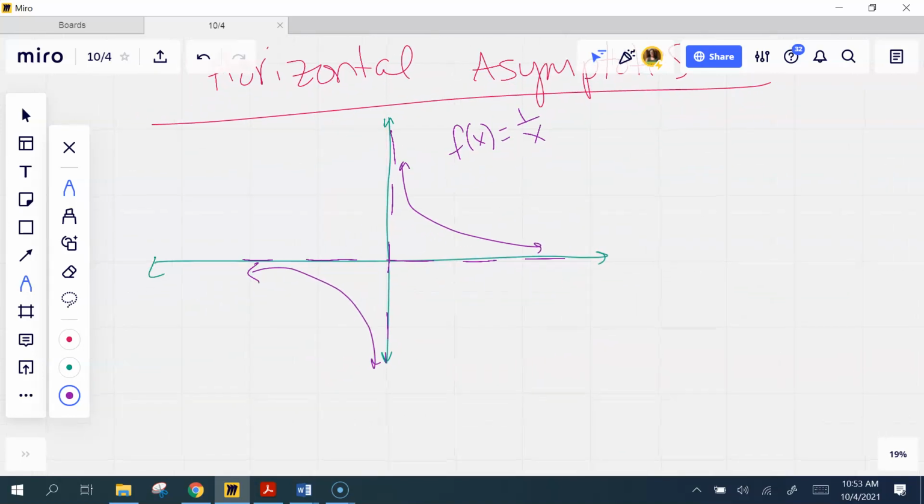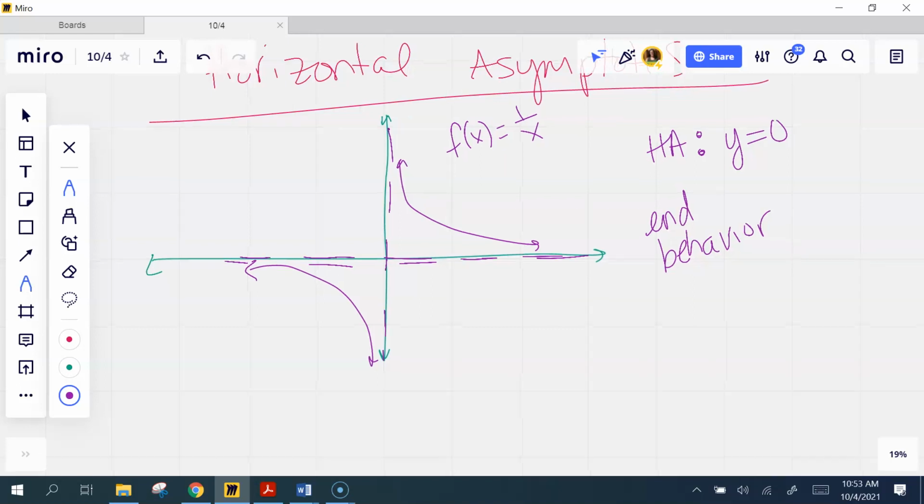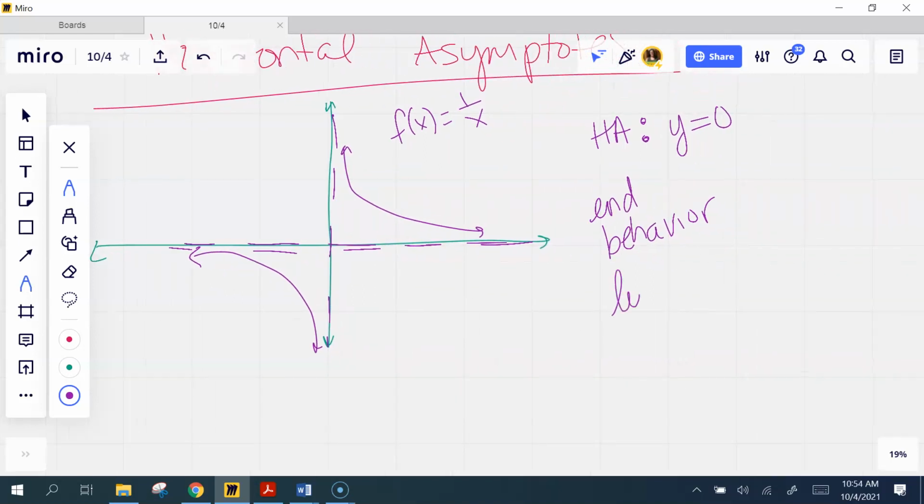Where's my horizontal asymptote? That's exactly right. On this one, I'm looking at my end behavior, because that's what's going to tell me about the horizontal asymptotes. I'm looking at the limit as x goes to infinity.